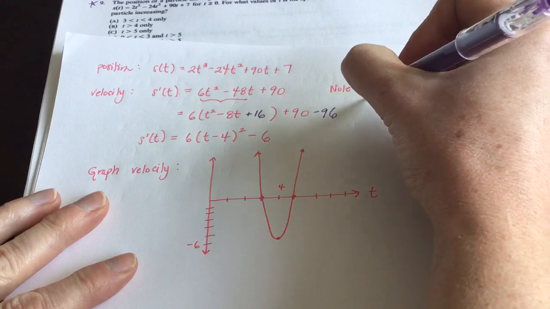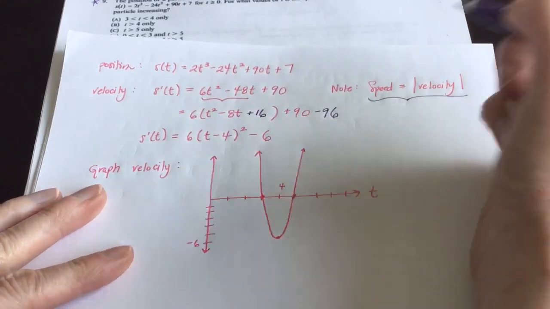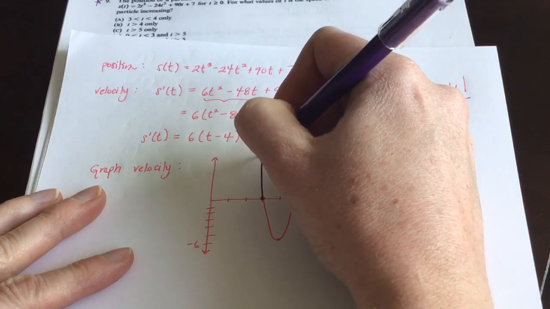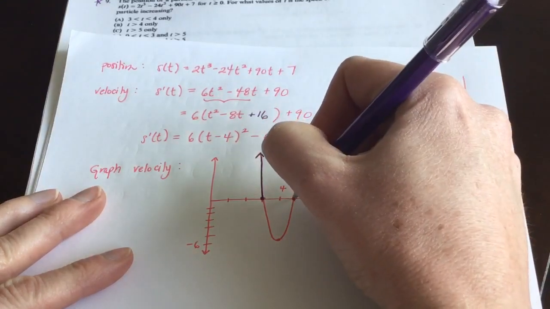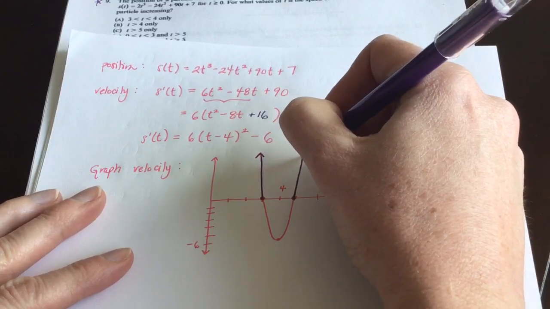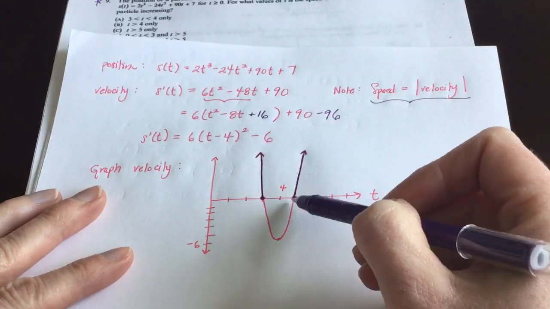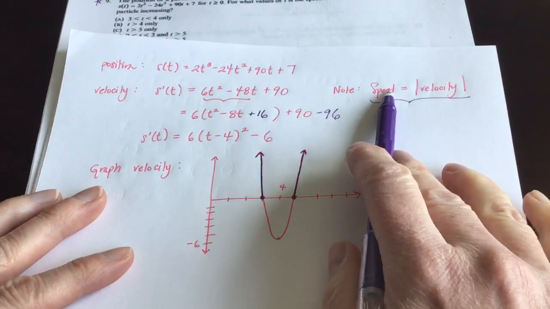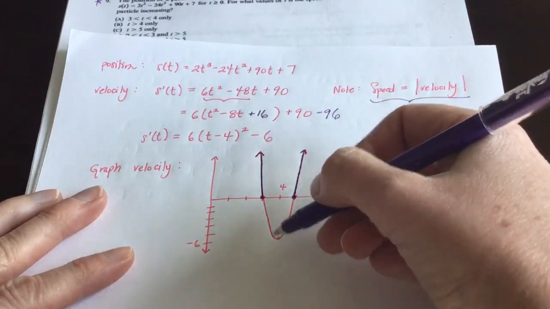Well, speed is the absolute value of velocity. So where velocity is positive, speed will be exactly the same. Here in purple, I'm showing that speed and velocity agree as long as velocity is positive. When velocity is negative down here, underneath the t-axis, the speed would just be its positive equivalent.